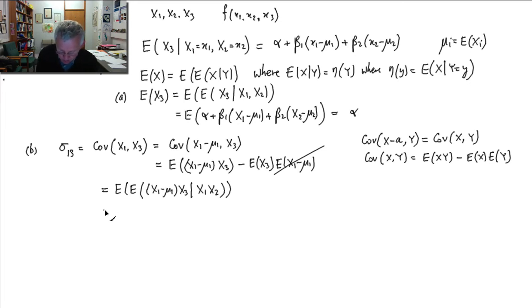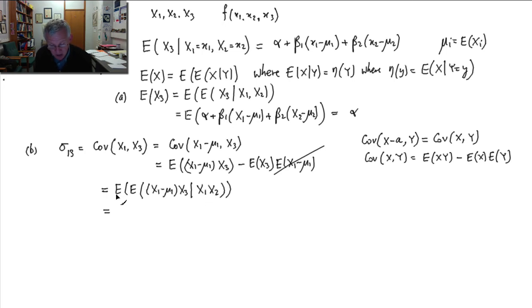Now there's one more important step I need to put in before I process this. Think about what these expectations are with respect to. This internal random variable here, this conditional mean, is conditioned on two random variables, so it'll be a function of x1 and x2.